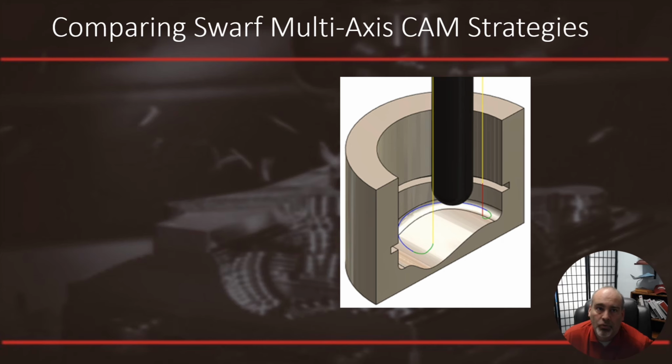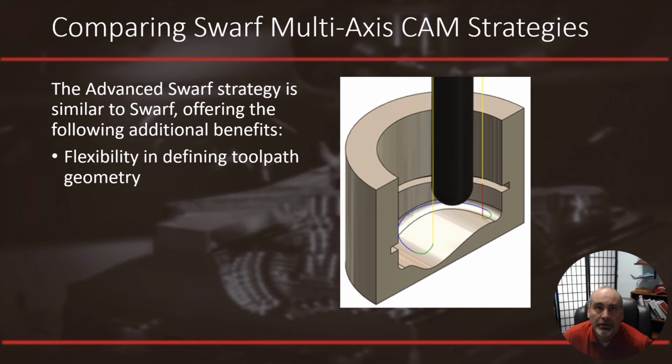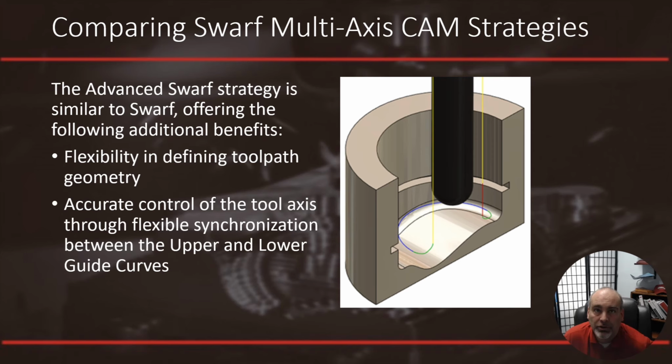The Advanced Swarf strategy is similar to the Swarf strategy, offering the following additional benefits: accurate control of the tool axis through flexible synchronization between upper and lower guide curves, and an ability to create 3, 4, and 5-axis toolpaths depending on what your machine equipment capability is.